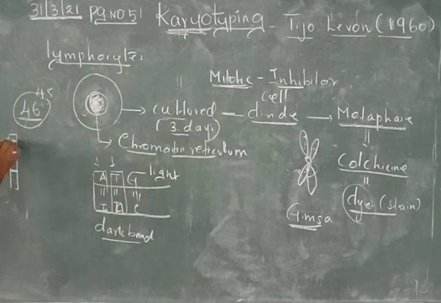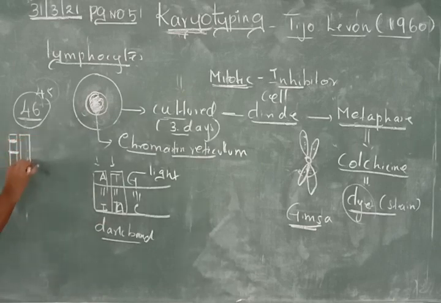So now you cut with scissors the particular chromosomes that have the same dye banding. The same kind of chromosome, if you find it in this group, you have to isolate that and place it in one group. So now this is one pair of chromosomes which is homologous.